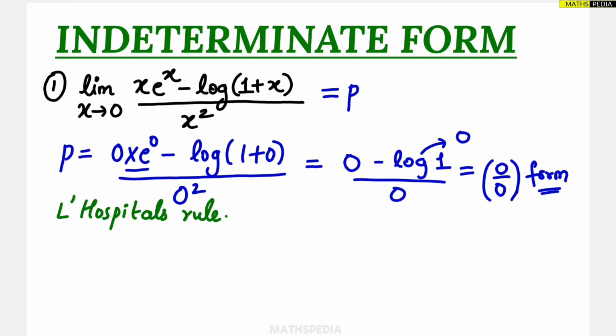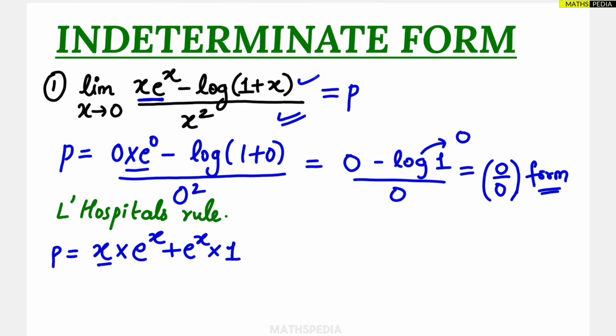Now what happens in L'Hospital's rule? We have to differentiate the numerator as well as the denominator of the function. Here, differentiating x into e power x, we can apply the uv rule: first function x into differentiation of second, which is e power x, plus second function e power x into differentiation of first function, x, which is 1.